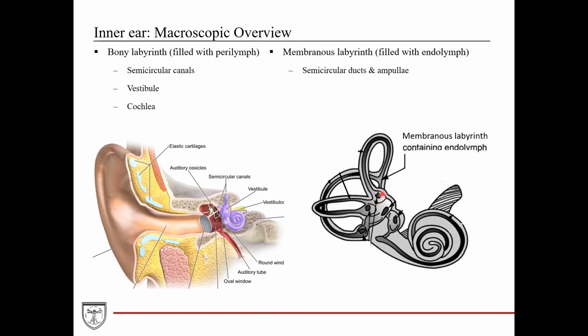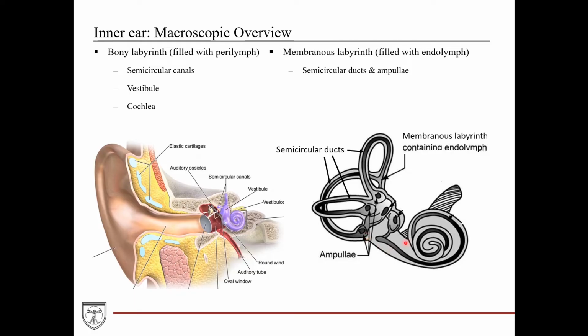And you may have noticed that each semicircular duct ends in these ampullar or slightly dilated regions, and each one of these dilated regions is called the ampulla, or ampullae in plural. So we have the semicircular ducts inside the semicircular canals. Ducts in the canal is a good way to remember this arrangement. And then these bulbous ends of the semicircular ducts are called the ampullae.